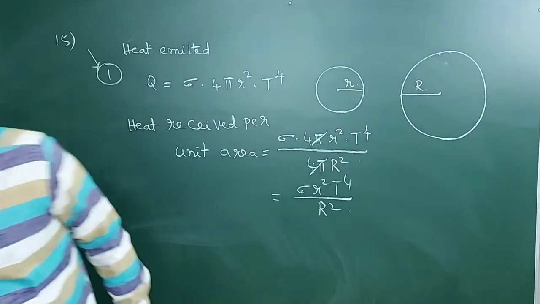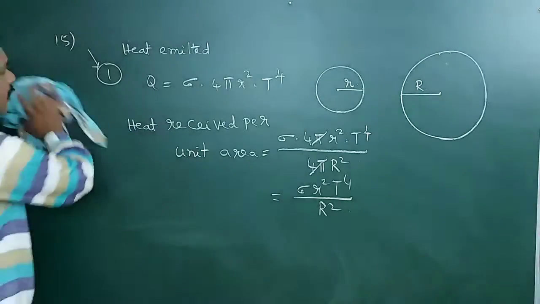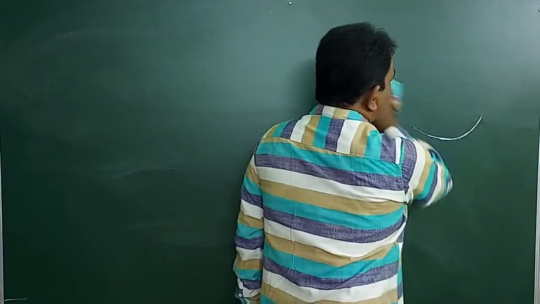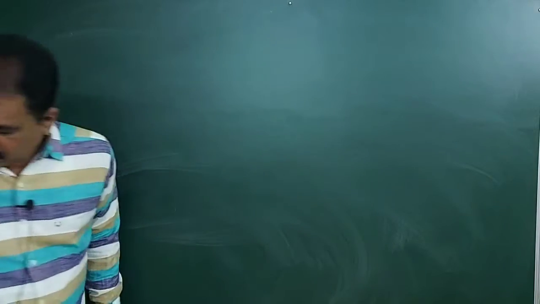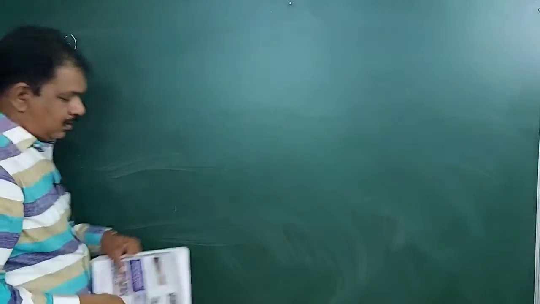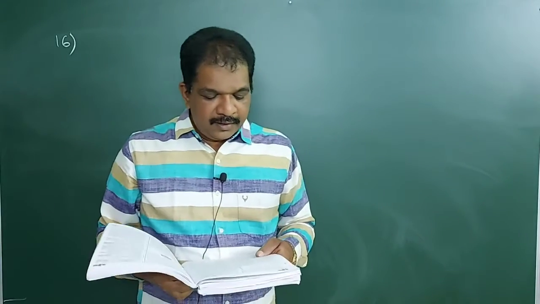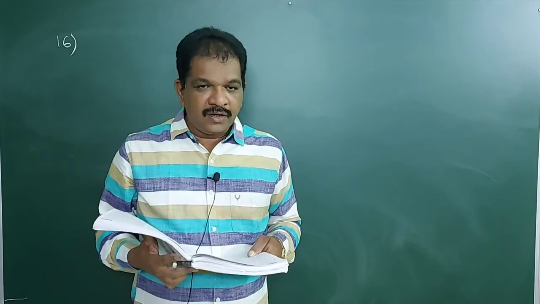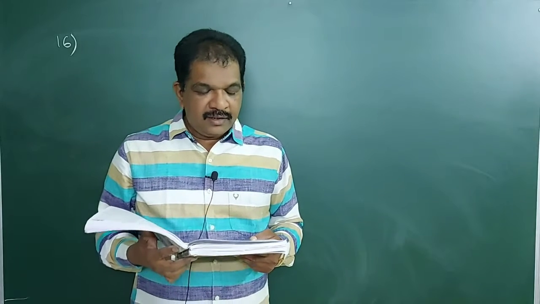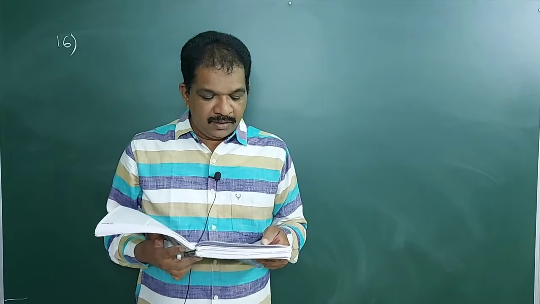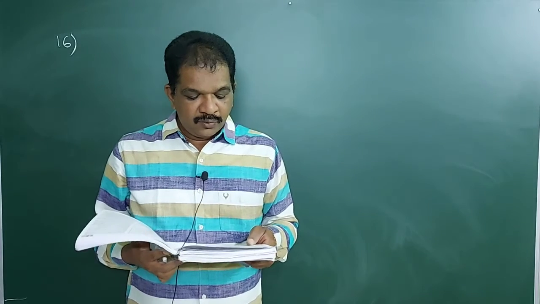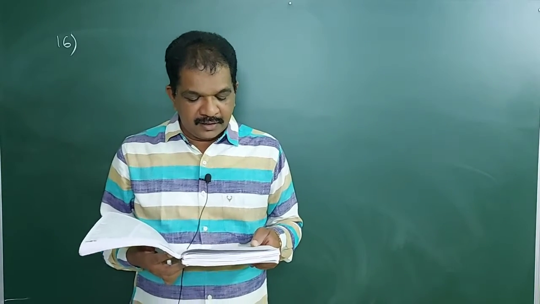Next, 16. What are they asking? A slab of stone of area 0.3 meter square and thickness 0.1 meter is exposed on the lower surface to steam at 100 degrees centigrade.